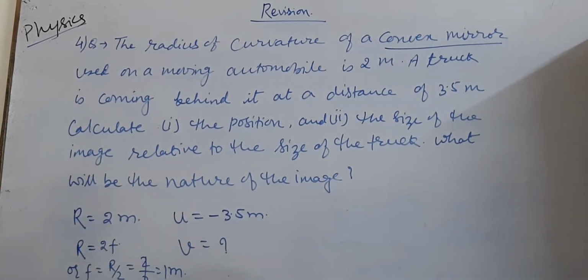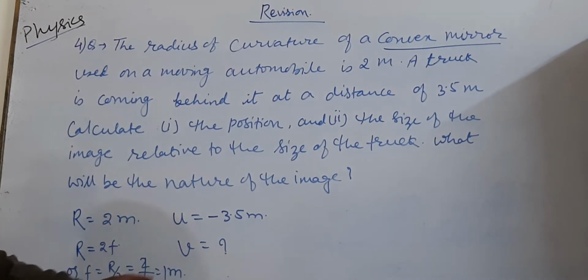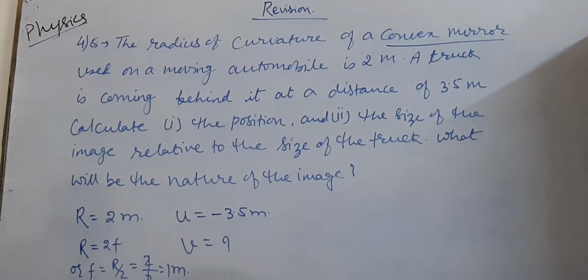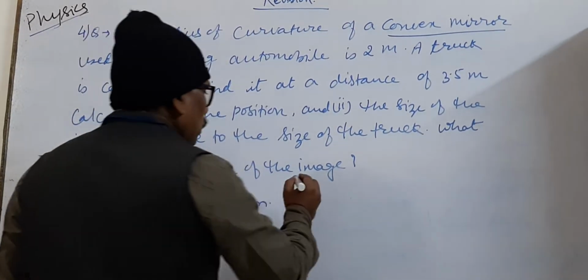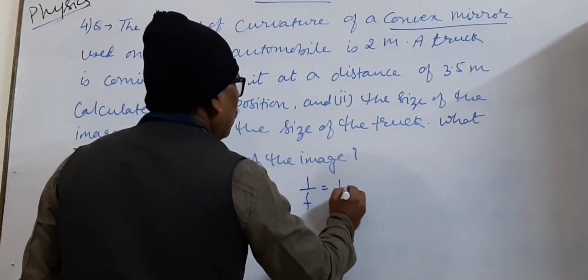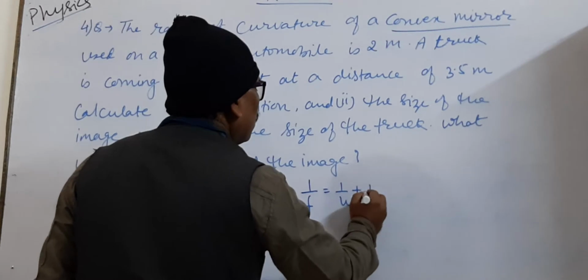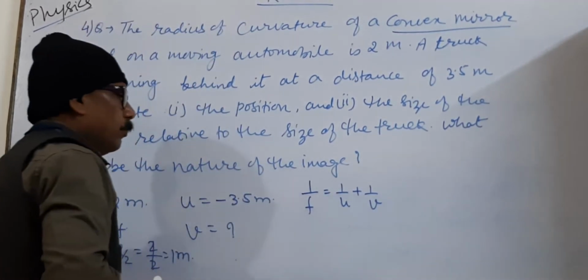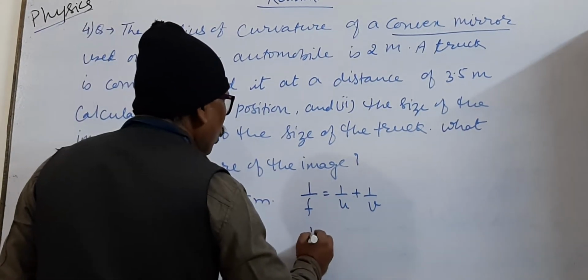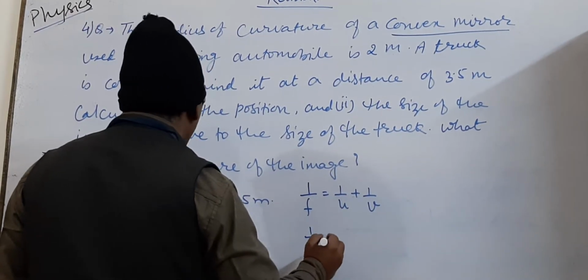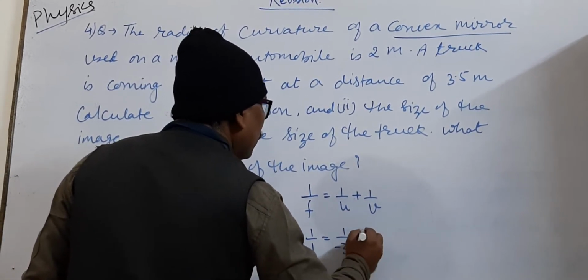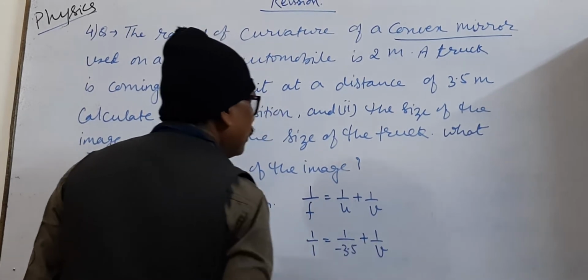Since the mirror is convex, focal length will be in positive sign. Now first you write the mirror formula, 1 by F equal to 1 by U plus 1 by V. Now you substitute the value. 1 upon 1 is equal to 1 upon minus 3.5 plus 1 upon V.